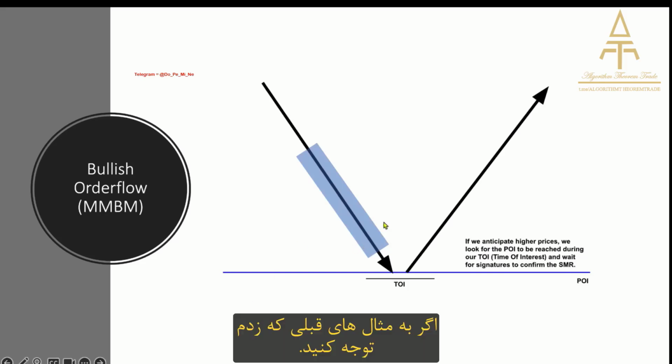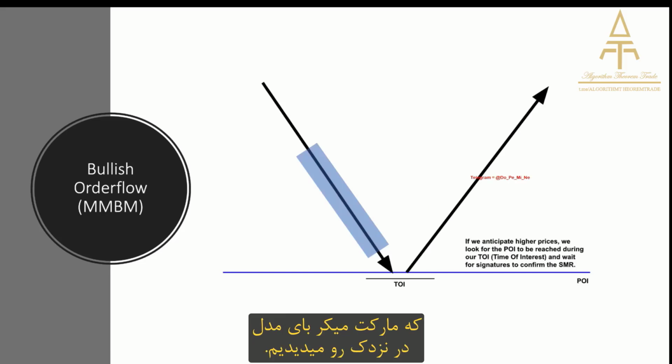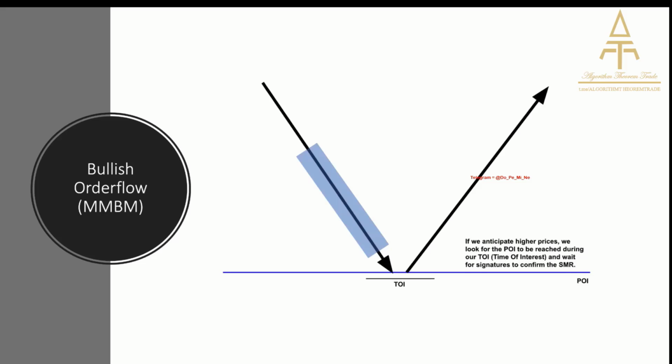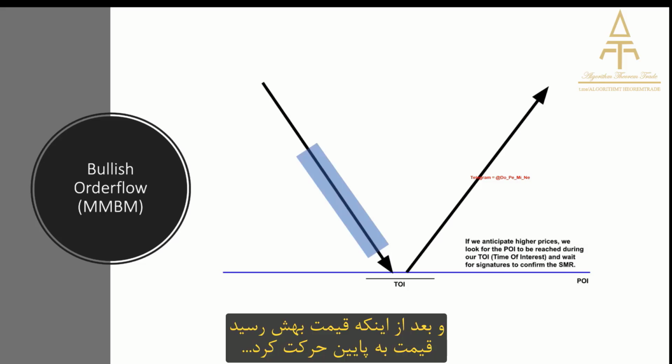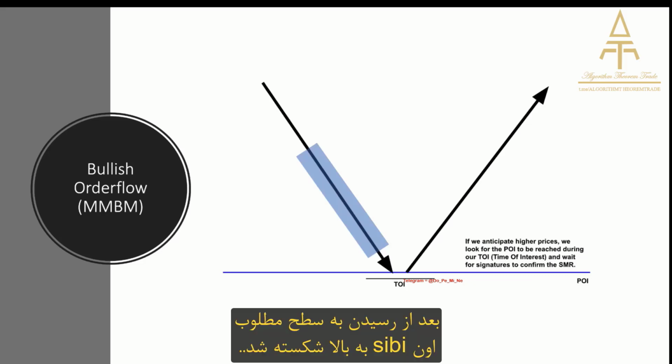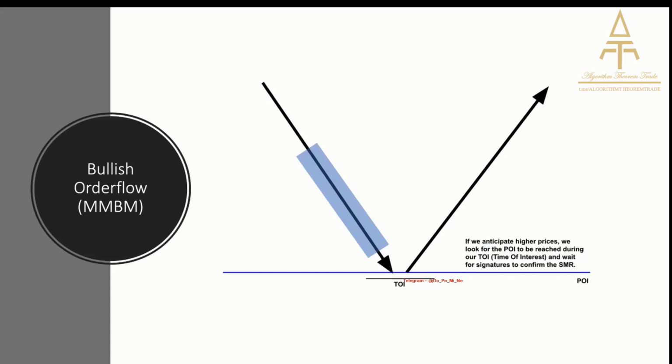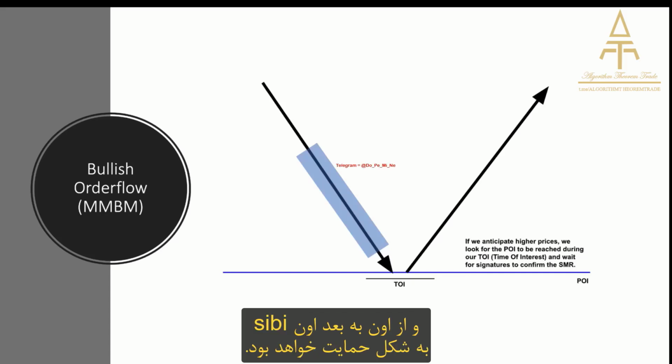If we think back to the example that was shared prior with regards to the market maker buy model on Nasdaq, and that CB that got created, then a high formed inside of that CB, and the market was sent lower. After reaching our point of interest, the market traded above that CB, and now that CB began to act as support on price moving forward.